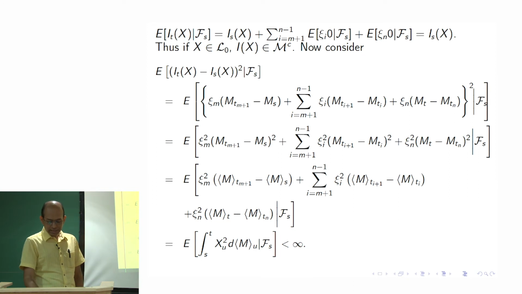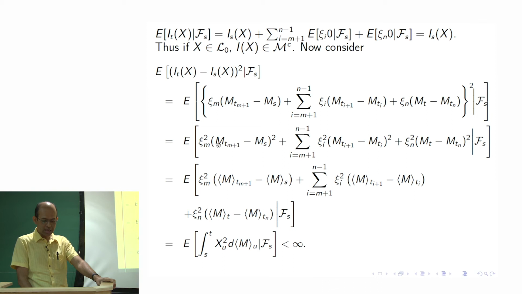Then you can further condition in between, similarly as in the last slide, to take one of the product terms outside of the conditional expectation, and the remaining part becomes just the increment of the martingale, and that expectation is 0. If you do that for each and every such cross term, then you are going to get exactly that the square of this sum is the sum of the squares.